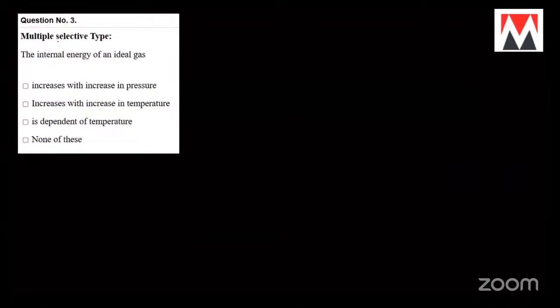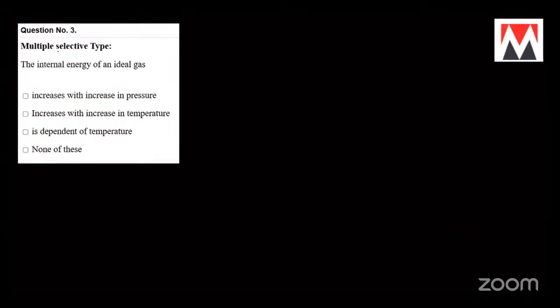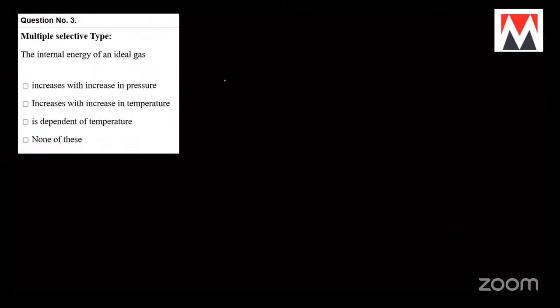Then, the internal energy of an ideal gas. So internal energy of an ideal gas depends on what? Please answer this in the chat. B and C. So internal energy, we'll see small differences of this.